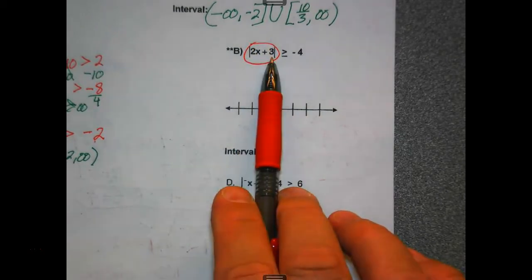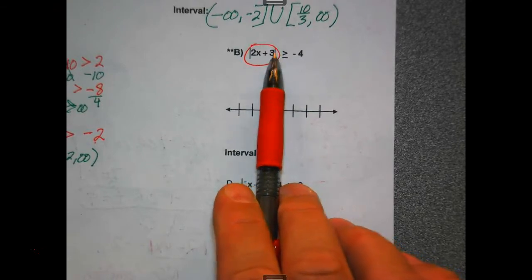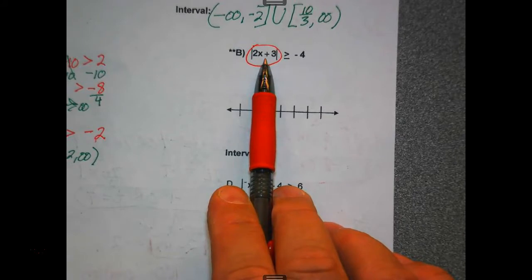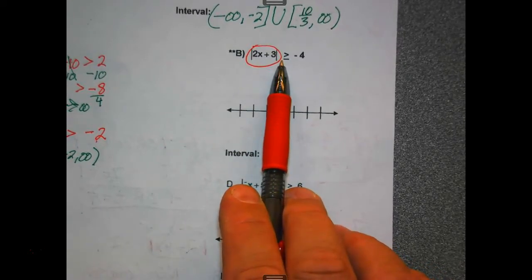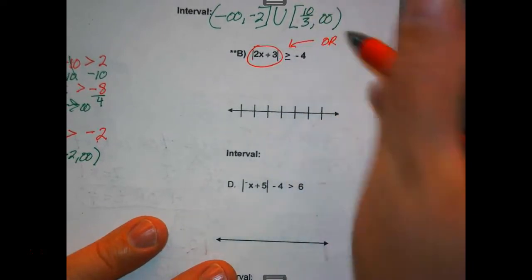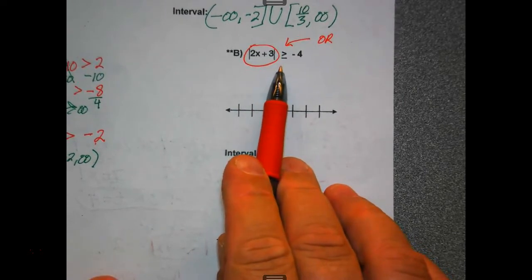The absolute value term is by itself, right? So that means that whatever comes out of my absolute values is what? Well, be careful. This is an or problem, right? This is greater than or equal to. You have to ask yourself, will this be true? Is this possible?